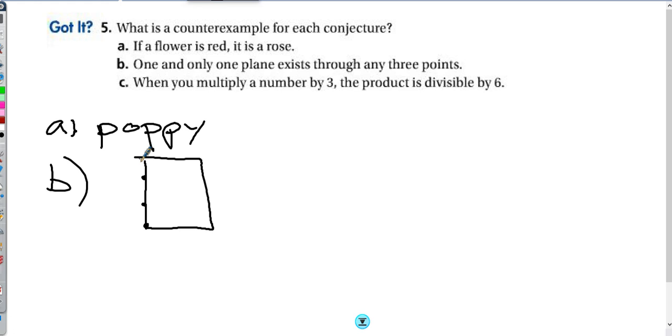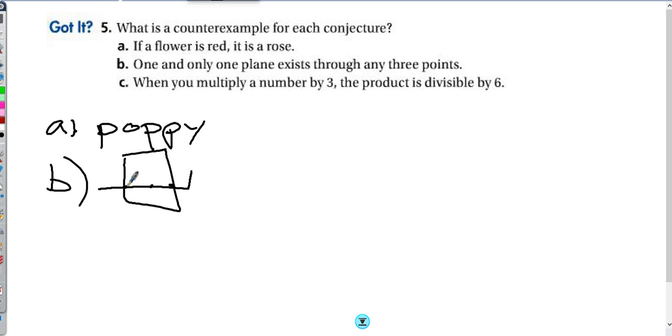If you have 3 points this way, you could have a plane this way, but you could also have a plane that way. So the points are on both planes. The plane goes along the points, and the other plane encompasses the points. So those points are technically on both planes. We will learn about that, we just didn't yet.